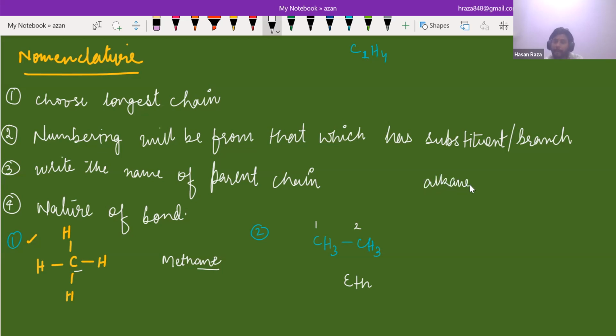Yes or no? Yes, sir. So it will be ethane, because it is alkane. You don't need to write C2H6 and then check it. You can directly look at the compound and see the bond, or you can configure the bond in your mind, whether it will be single or double, depending upon the number of hydrogen. Okay.